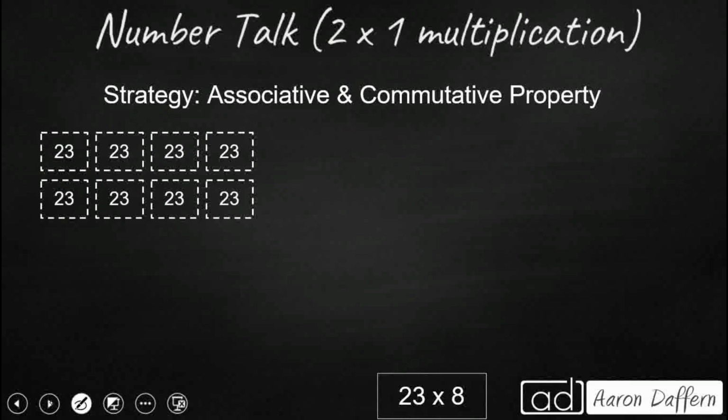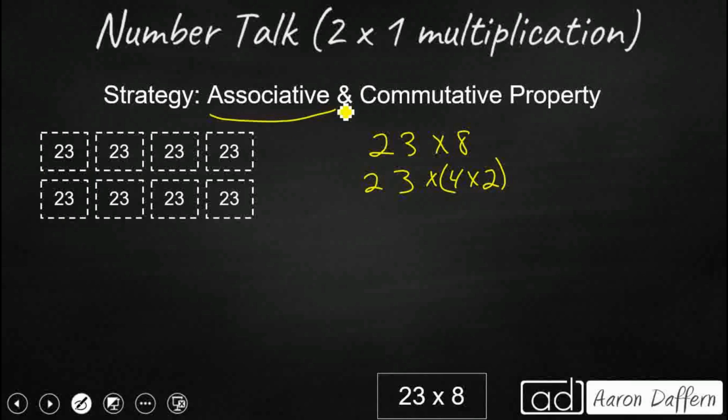Now we can use the associative property here, and we can take our 23 times 8. We're not going to be able to break apart our 23. It is a prime number, but we can break apart our 8. We could say, you know what, it's really 4 times 2. So I've got my 4 times 2.